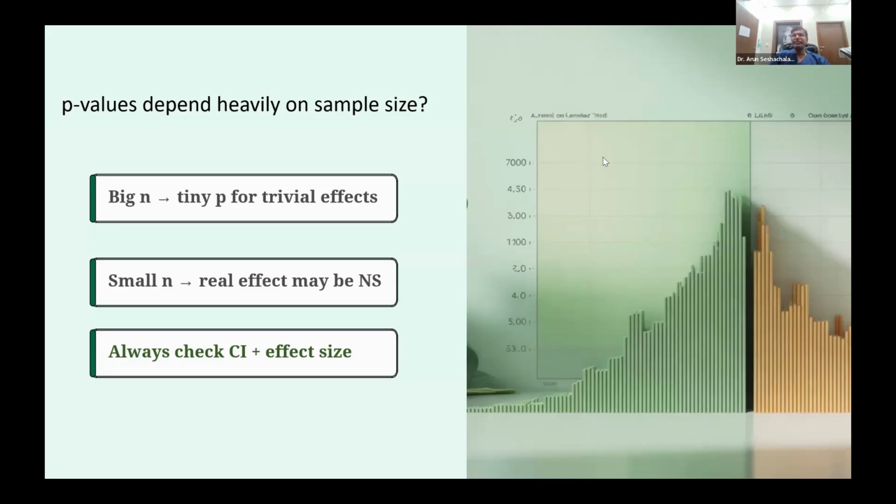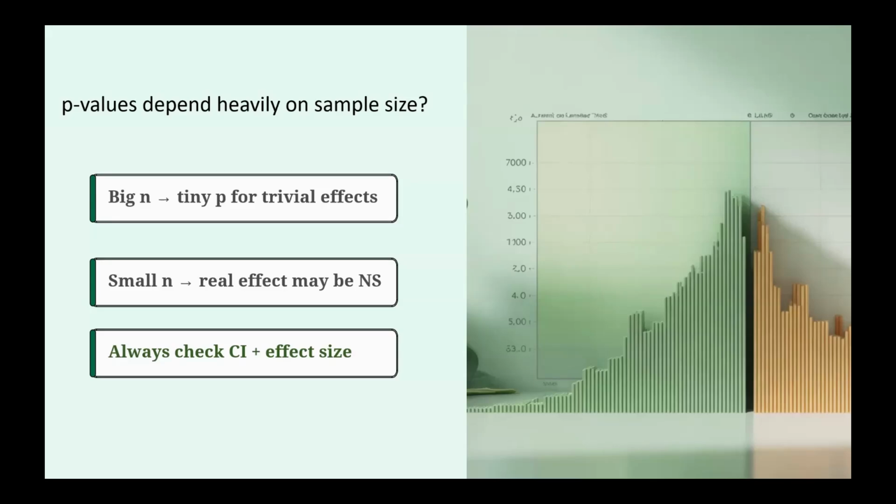Prithu, you can go on. Thank you. I just want you to understand this well. Either way, when you find a significant p-value, it may be just a play of sample size, a larger sample size. When you don't get a significant p-value, it may be a play of sample size again, but to do with a lesser sample size.